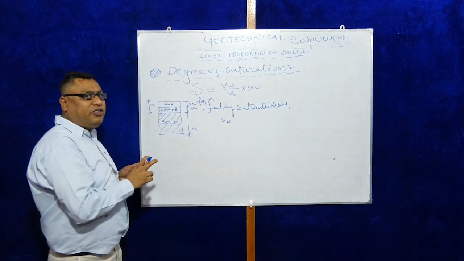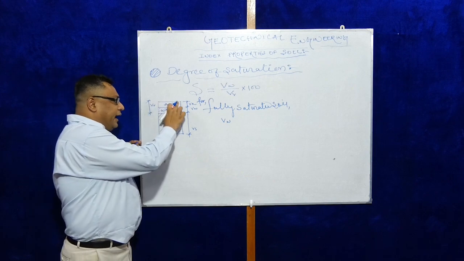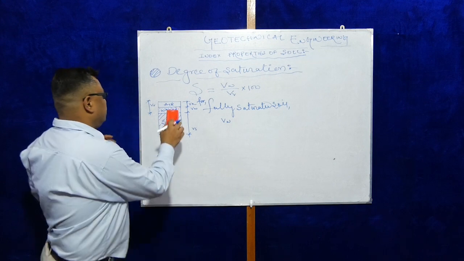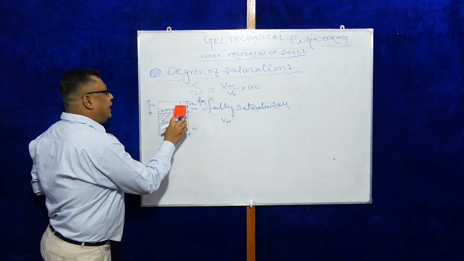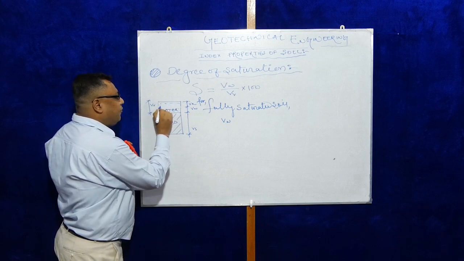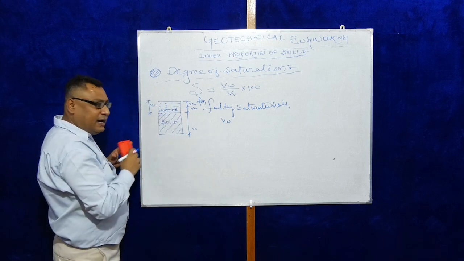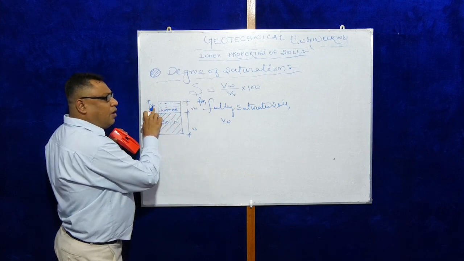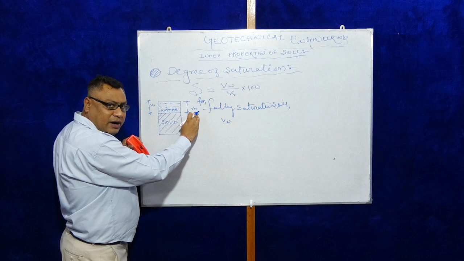For fully saturated soil, the total void spaces are completely filled with water. Therefore, volume of void is equal to volume of water.